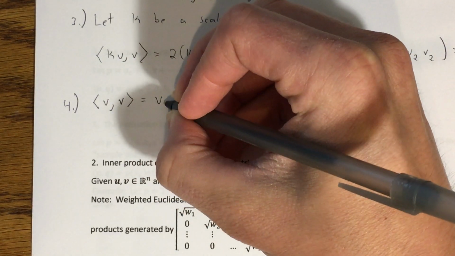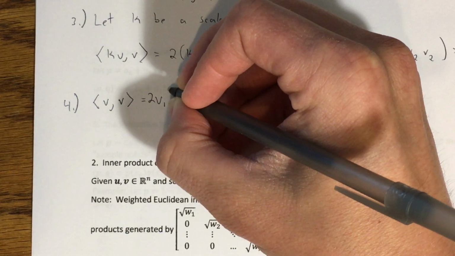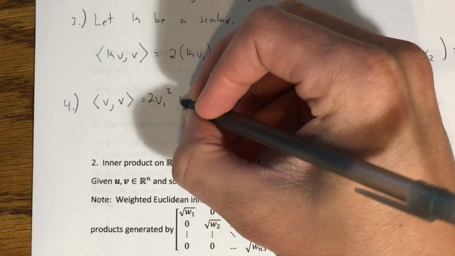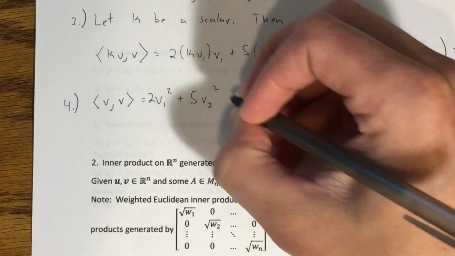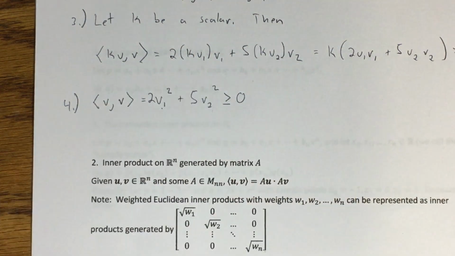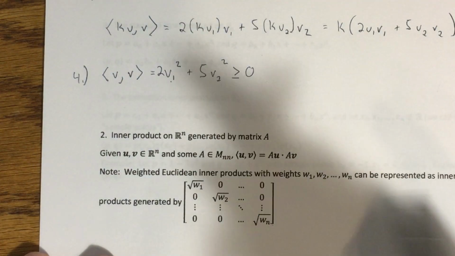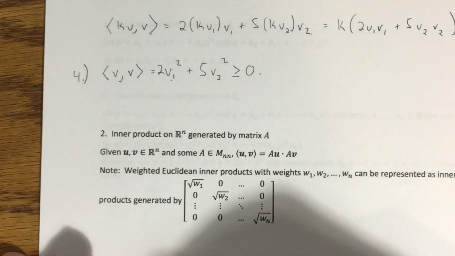That's equal to 2 times V1 times V1, so that would be V1 squared, plus 5 times V2 times V2, that would be V2 squared. And this is, of course, greater than or equal to 0 because both of these terms are non-negative. Okay, now the next part of this is an if and only if statement.